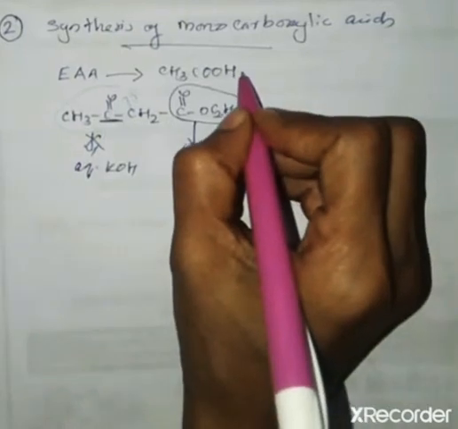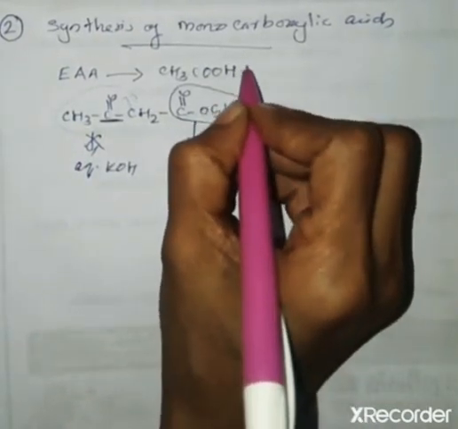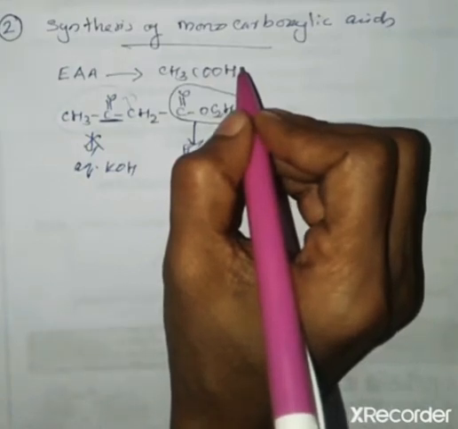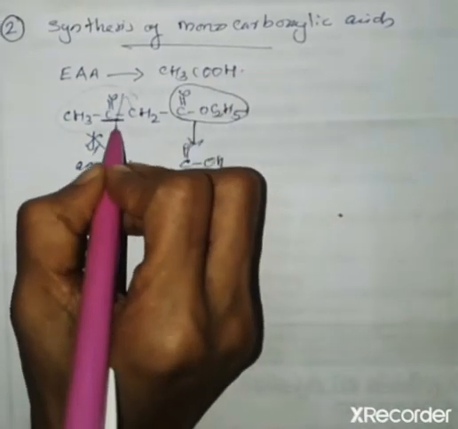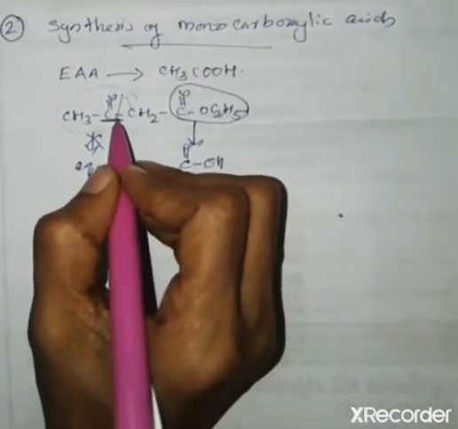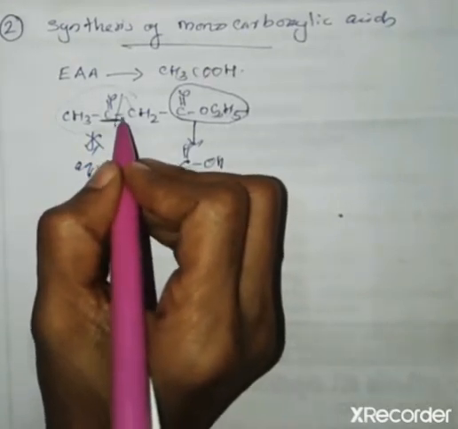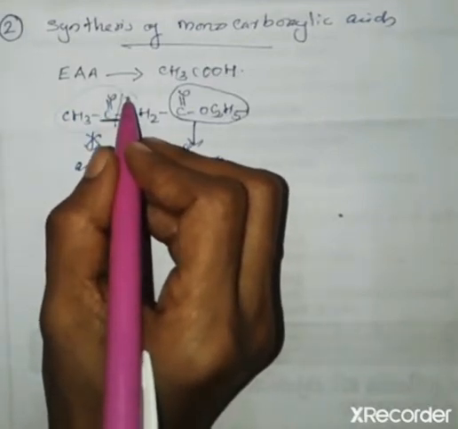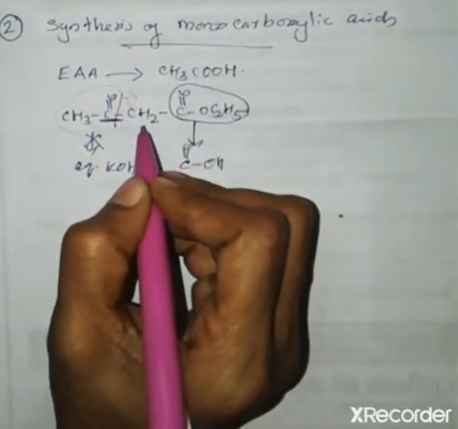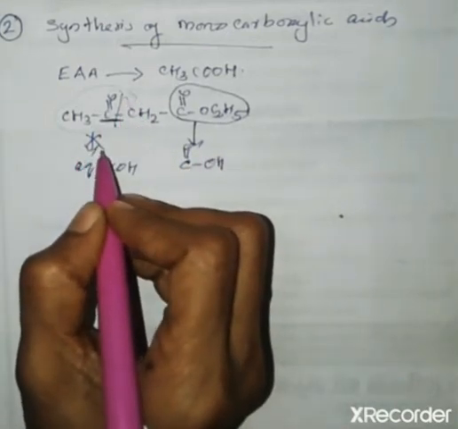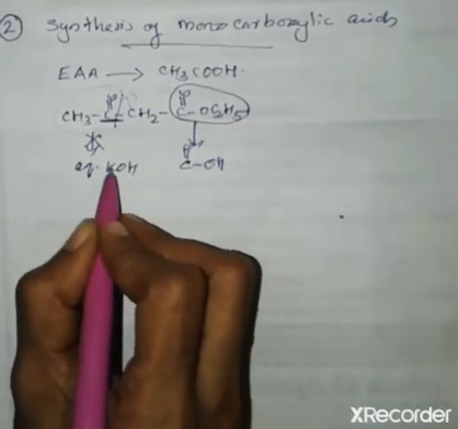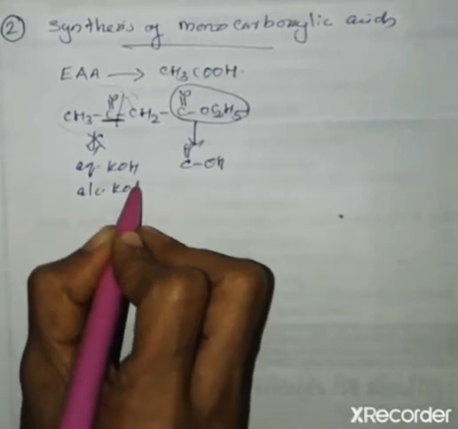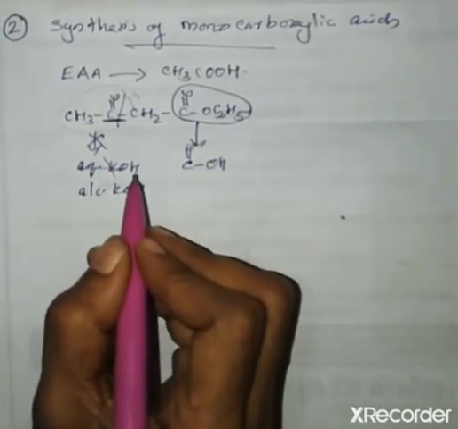But in our case, the product does not contain a keto group, it only contains an acid group. So there is no need of this keto group, and we want to remove it. In order to remove this keto group, we have to react it with alcoholic KOH instead of aqueous KOH.